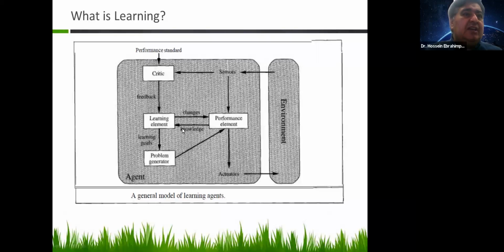What this learning element does, as you can see here, is it just says change. And it is a word that you can hear very much from different people in the world. For example, when Obama campaigned for presidency, his word was change.